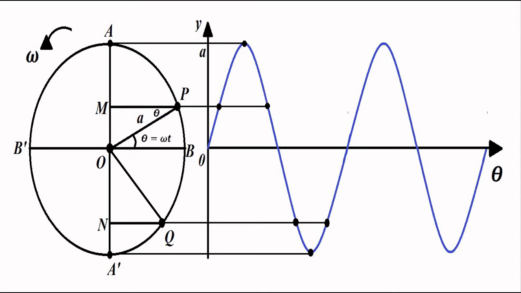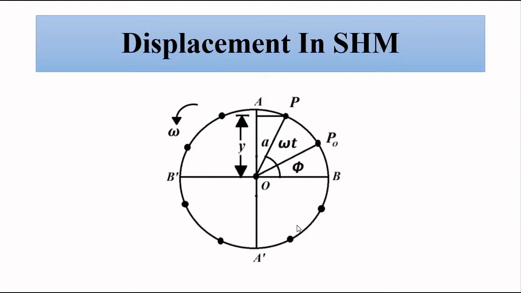So for that case, let us take another circle and assume that the initial position of the particle is P0. It starts from P0, and the angle of this point is given as phi in the anti-clockwise or counterclockwise direction.